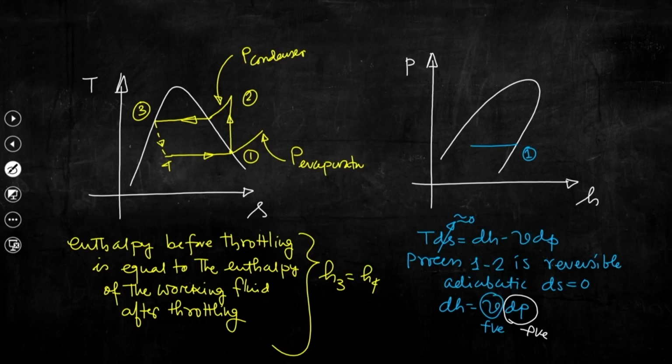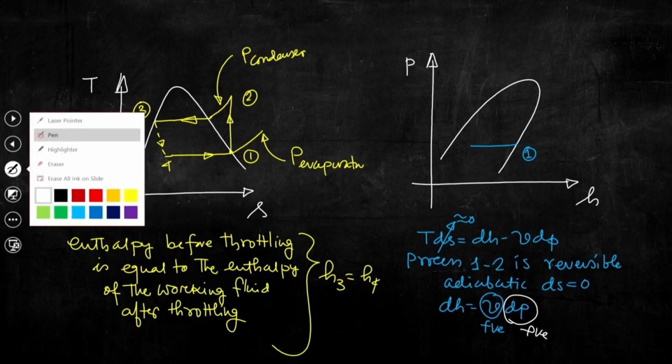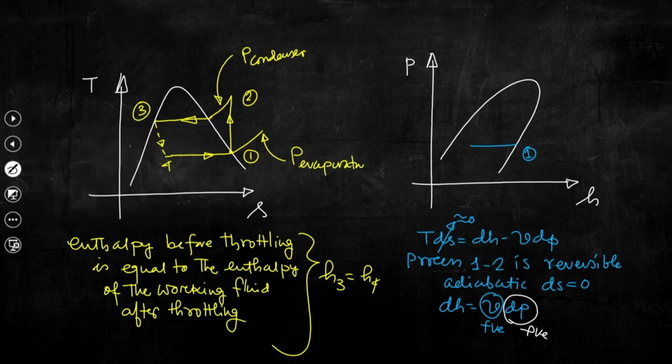So, dH is positive, that means enthalpy will increase. From this discussion, we can identify state point 2. So, this is state point 2.